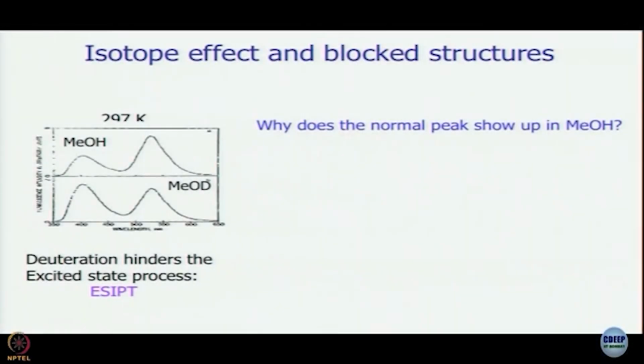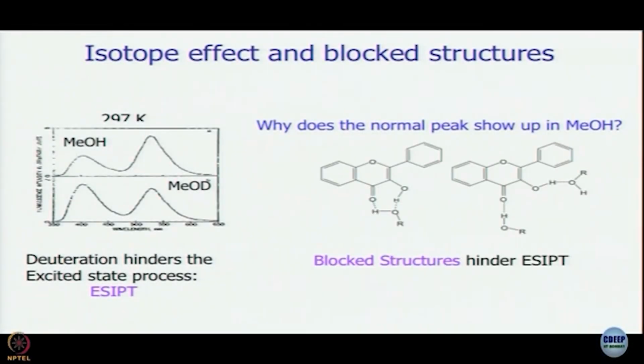Well, this is another reason why I like this paper so much, because it introduces you to many important factors in proton transfer. What happens in hydrogen bonding solvents is that you will get hydrogen bonding with your solvents all around. So, you get this kind of block structures.